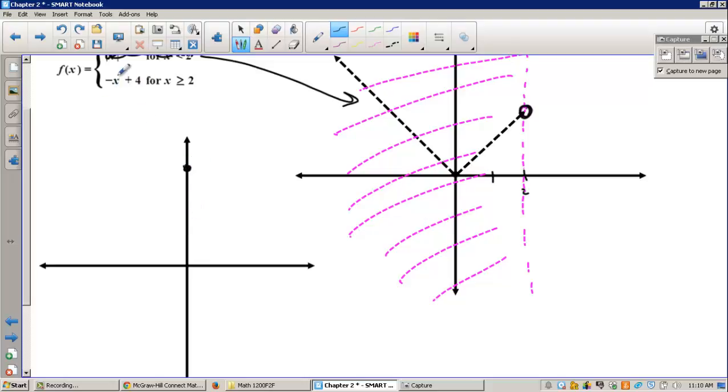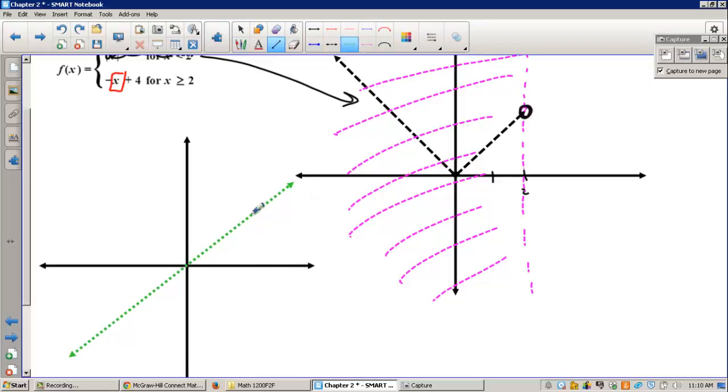Plug in y equals 0, you get x equals 4. It's here. So I can make this picture in 10 seconds. But I'm not doing it that way. I know this is the mother function y equals x, right? So I start with y equals x here.